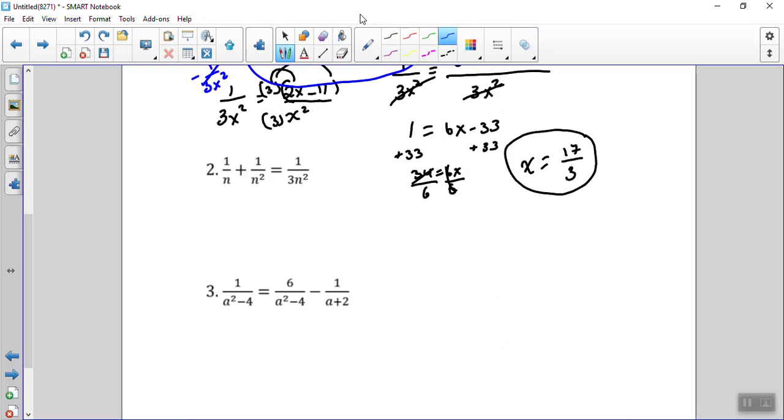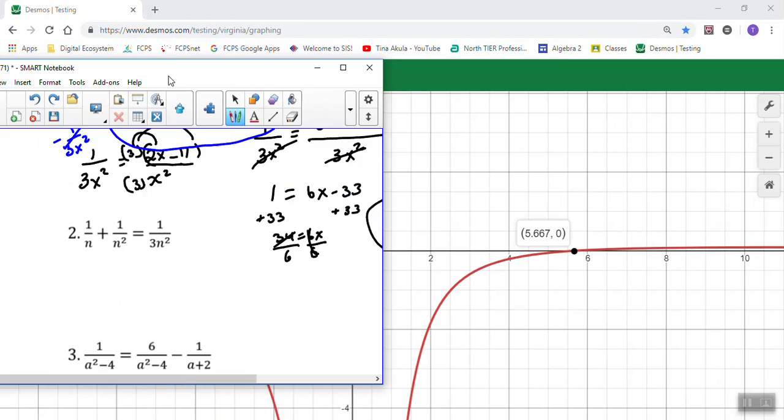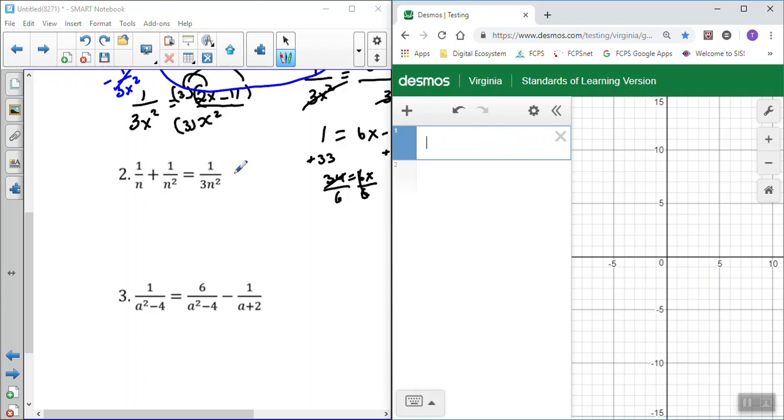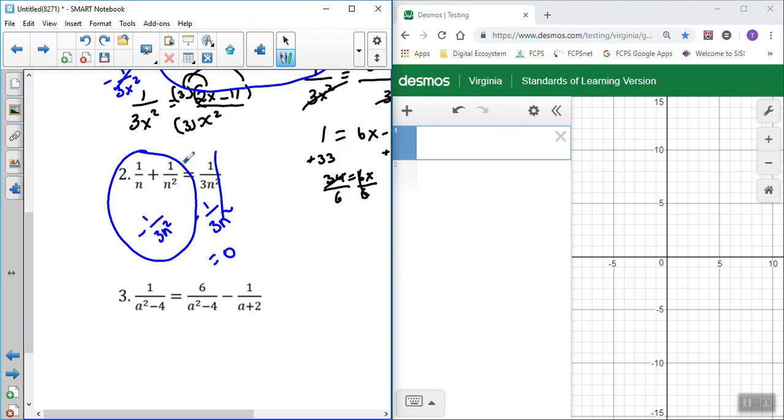That's a good way to find your answer as well. Let me try that with number 2. I'm going to go into Desmos and plug this entire expression in. But before I do that, I have to take negative 1 over 3n squared over to the other side of my equal sign. So on the right side I have 0, and on the left side I have all of this, which I'm going to plug into my calculator.